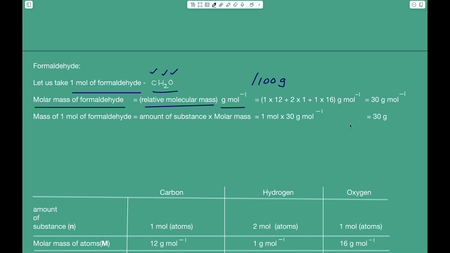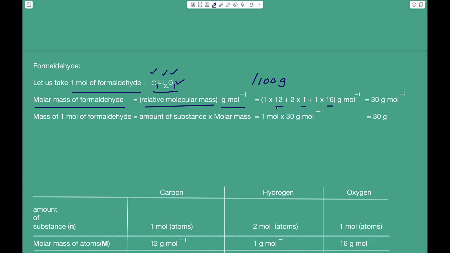Then, how do you find out the relative molecular mass of a compound given its molecular formula? Simple. You have to multiply the atomic weights of each of the elements with its subscript in the molecular formula. If you don't see a subscript for an element in the molecular formula, you have to assume that there is a 1 there.